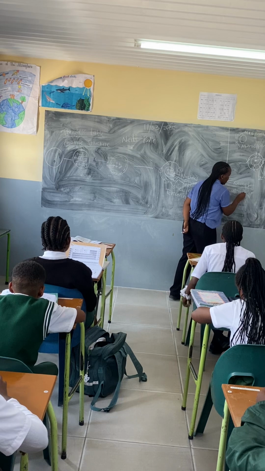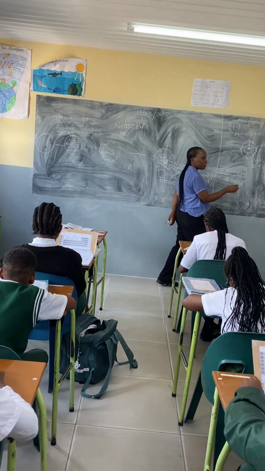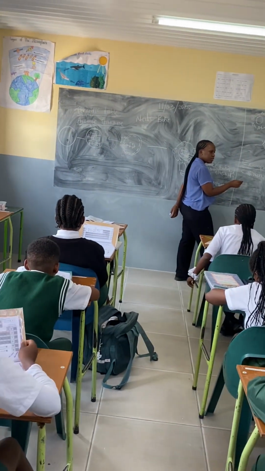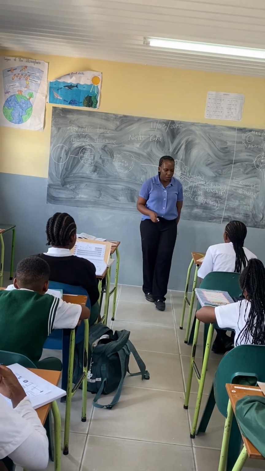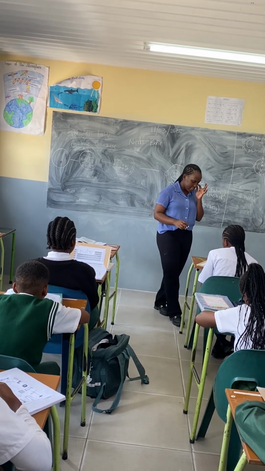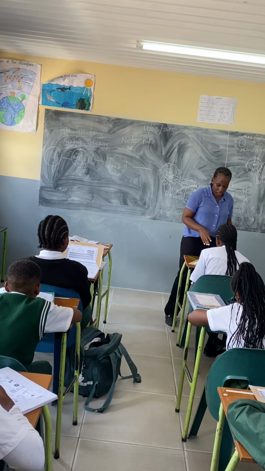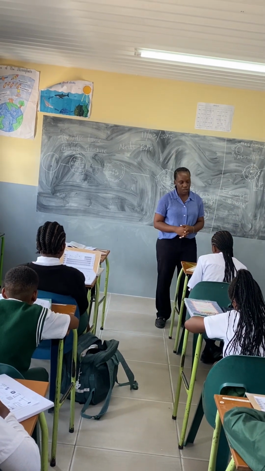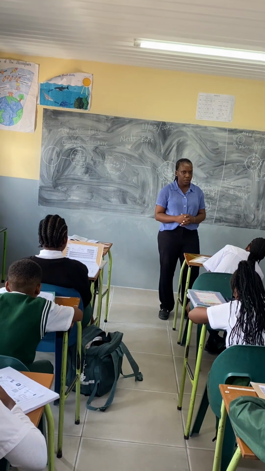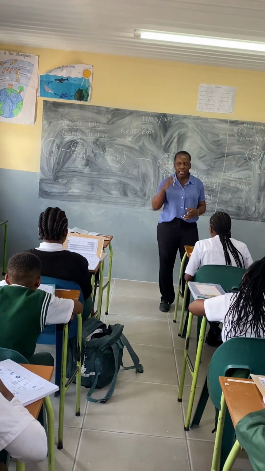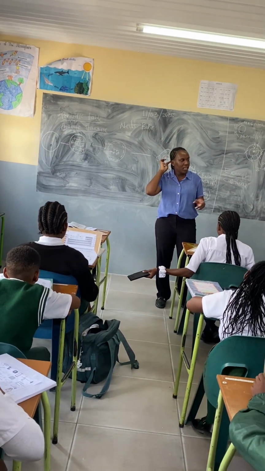Okay, let's try calcium. The chemical formula of calcium is what? No, chemical symbol. You see those letters that are written there? Ca, Mg, Be, Li. Those are the chemical symbols. So if I say chemical symbol, you give me those letters.